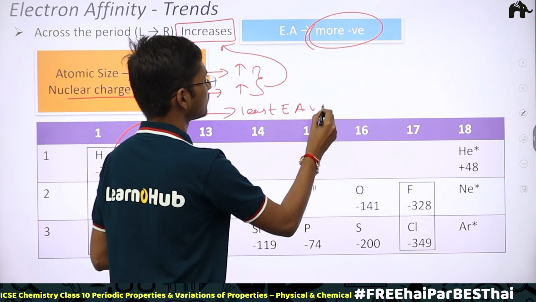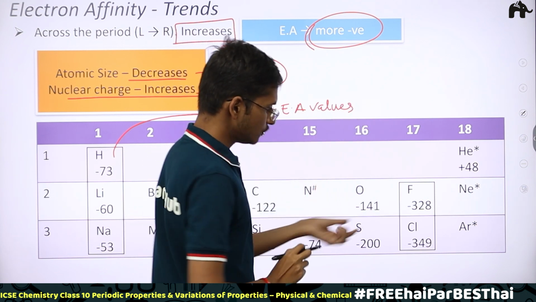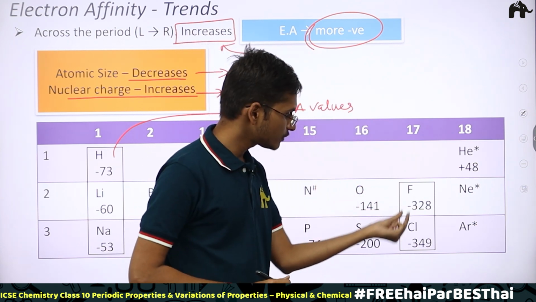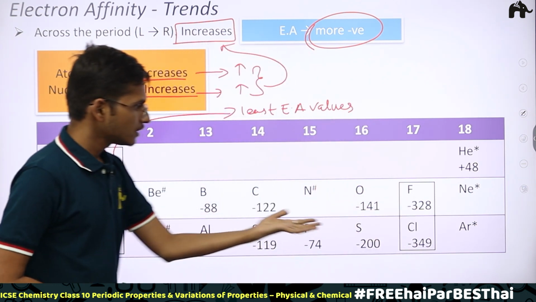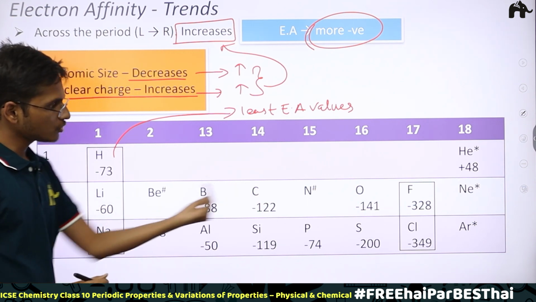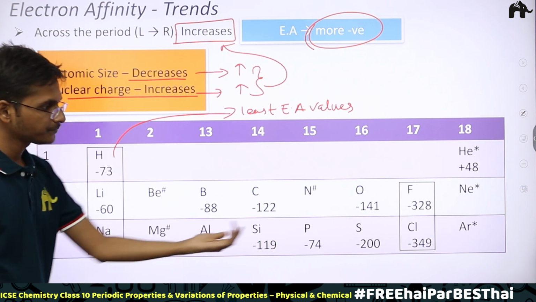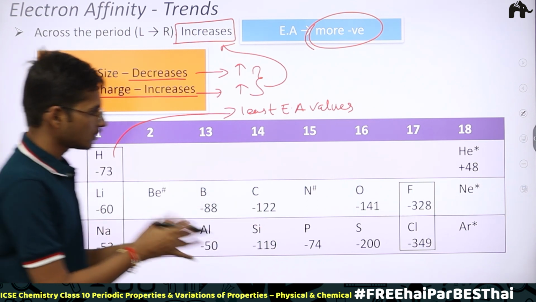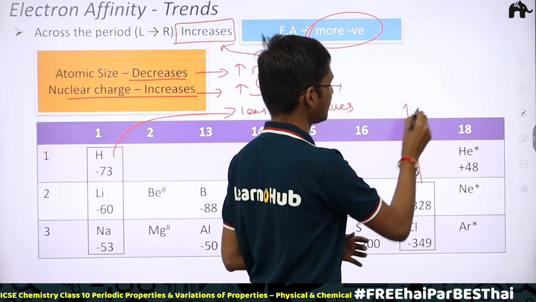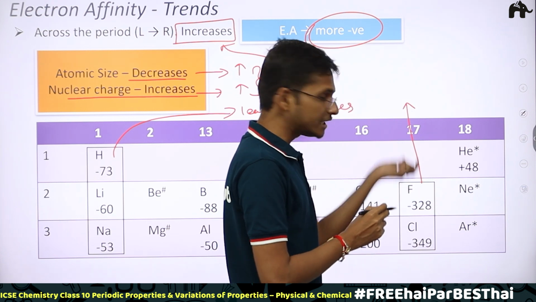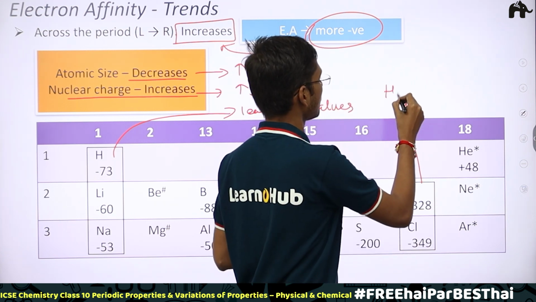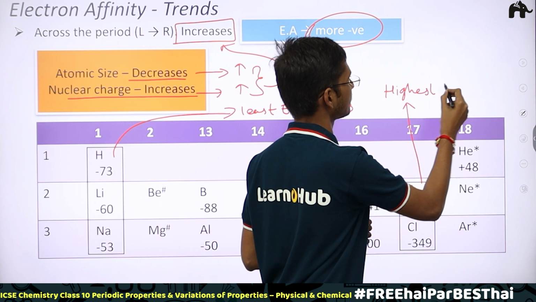In the same way you can see here group 17 elements, minus 328, minus 349. Minus 328 is the highest among the second period, as well as minus 349 is also highest among the third period. So we can clearly infer that these group 17 elements have the highest electron affinity values.